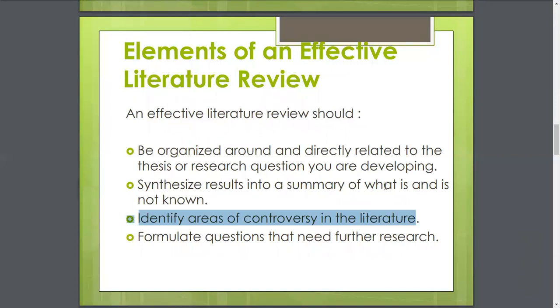So those issues that catch your attention, and that is going to tell you how important, as Ricardo said, it is for your study, or for your project. And then formulate questions that need further research. Well, that is going to be later on, right?